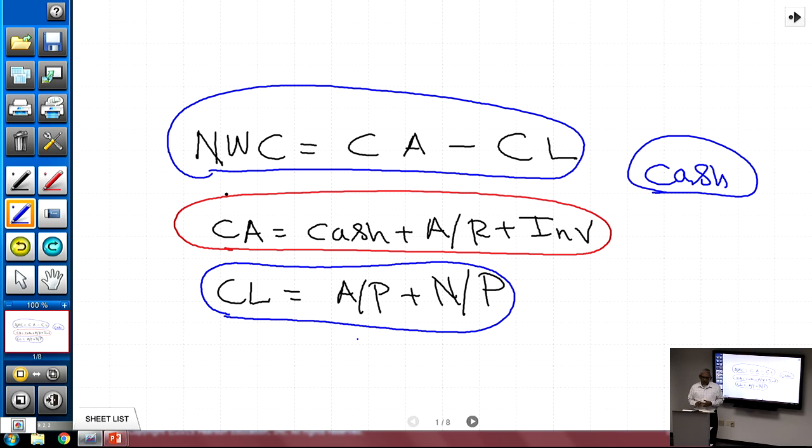So a good working capital management policy requires careful calibration of these items: cash, accounts receivable, inventory, and accounts payable. These 4 items are the main ones, and we manage them in such a manner that we have enough cash to meet our liquidity needs, but not so much cash that we give up productive investment opportunities.